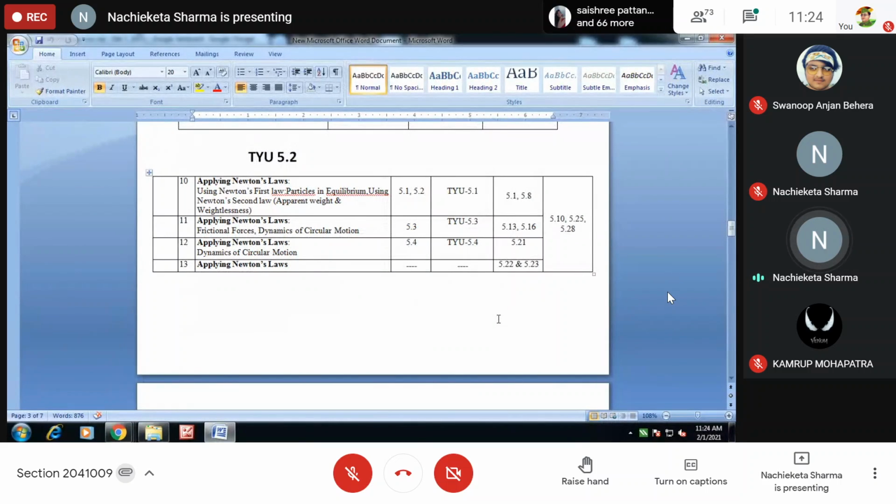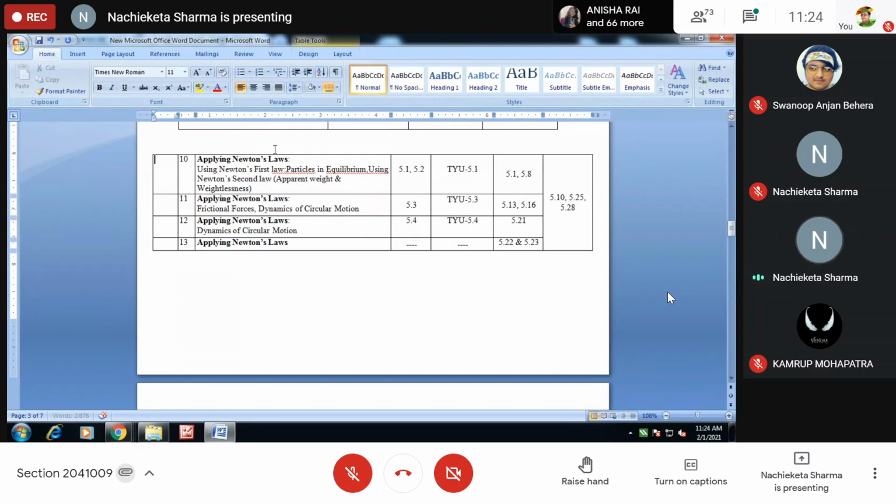So there are 4 topics in chapter 5. Using Newton's first law, particles in equilibrium, 5.1. Using Newton's second law, apparent weight and weightlessness, 5.2. Frictional forces, 5.3.